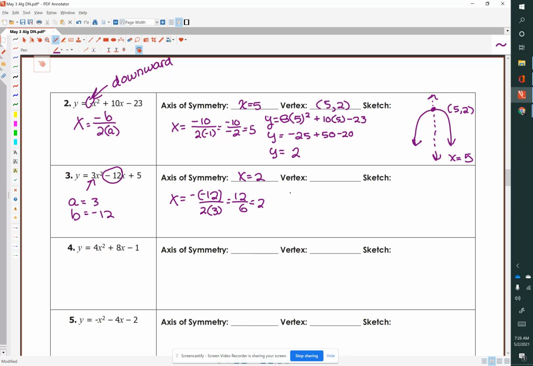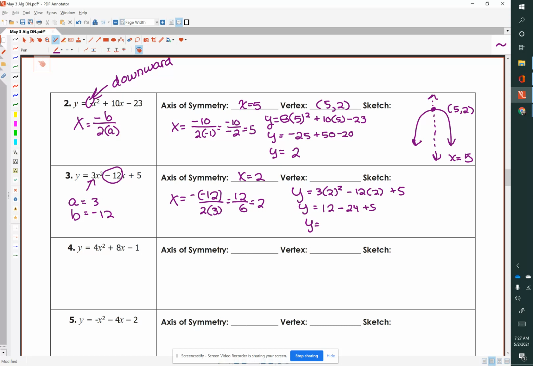Now we'll substitute 2 in the quadratic and evaluate. So this would be 2 times 2 is 4, so that would be 12 minus 24 plus 5.